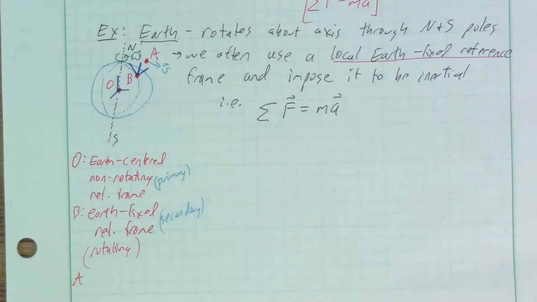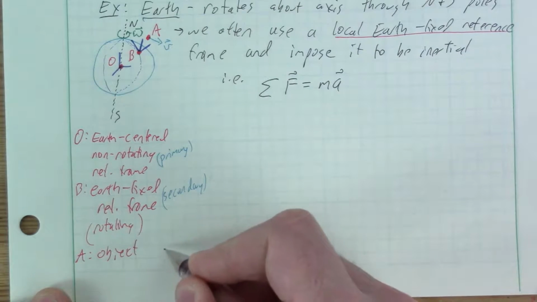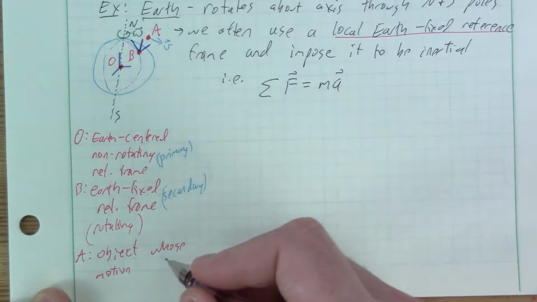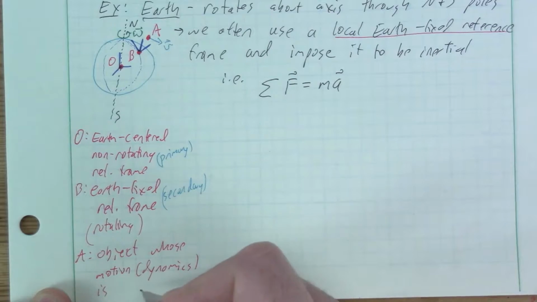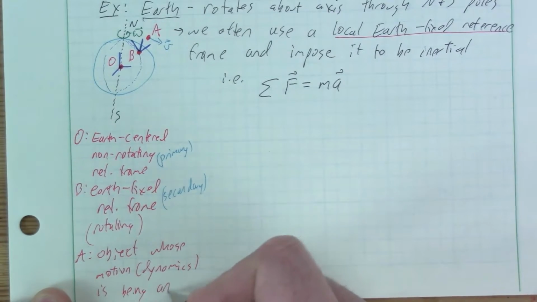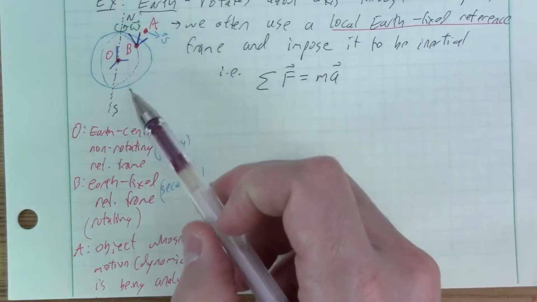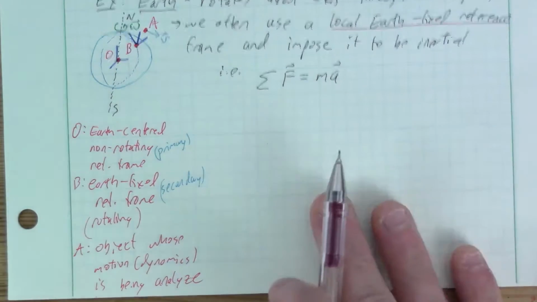A is an object whose dynamics we're looking to characterize. We're looking to analyze the dynamics of that object, and we can choose a reference frame in which to do it. We often choose B, which is actually rotating in terms of the fixed coordinate system O there.